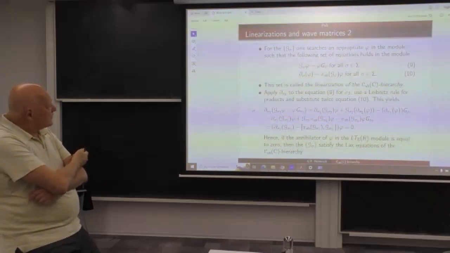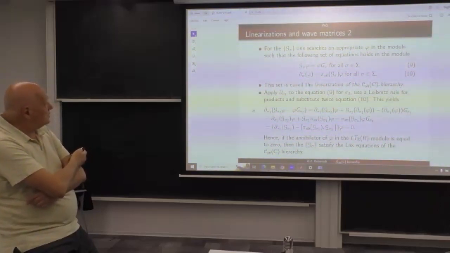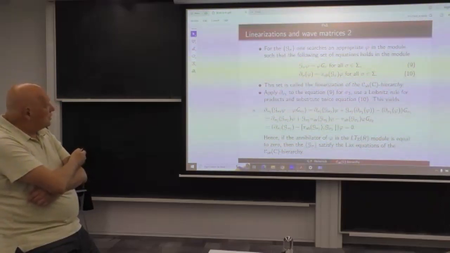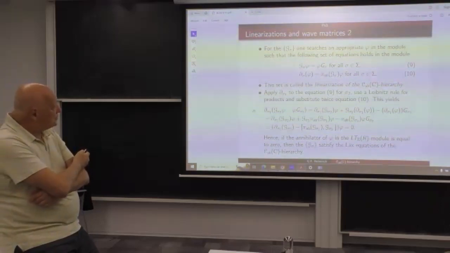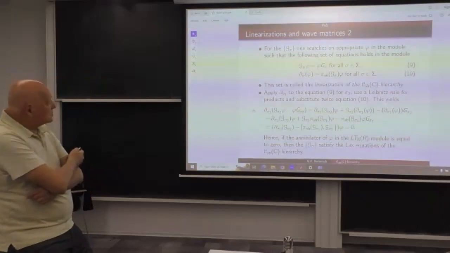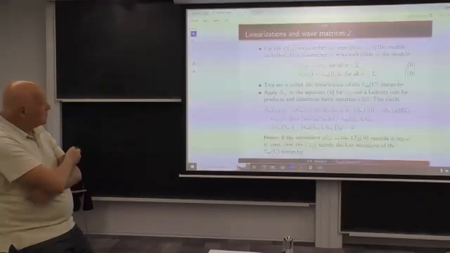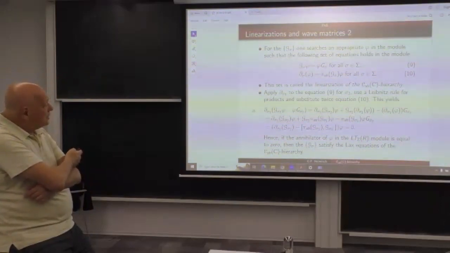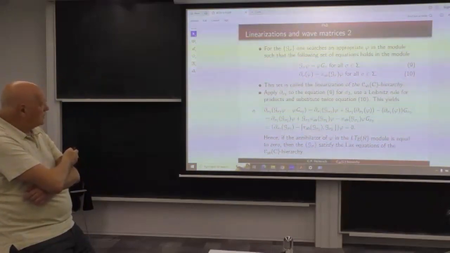We have the following equations. We have G sigma acting on phi is phi times G sigma, and the partial sigma of phi is the projection of G sigma times phi.